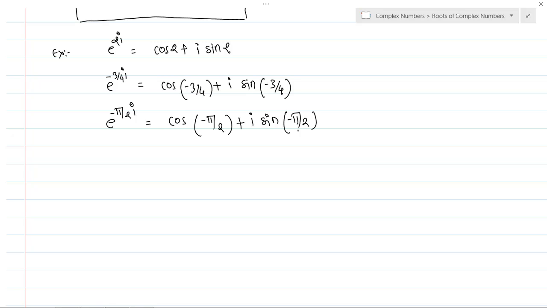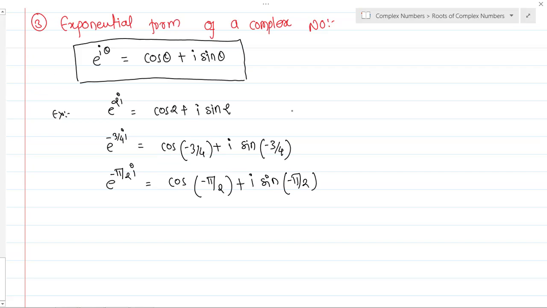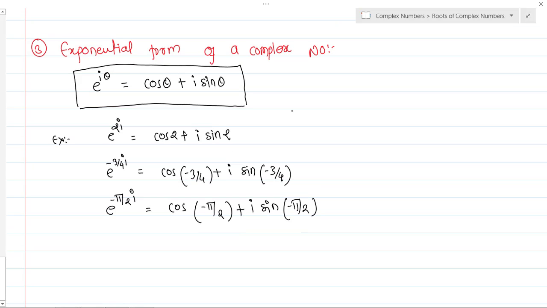सर तुम्ही जनरल फॉर्म मध्ये असं लिहिलं आय थिटा लिहिलंय, त्याच्यावरती बघा. हा, सो दिस theta is nothing but this 2. ह्या एक्झाम्पल मध्ये theta is 2. ह्या एक्झाम्पल मध्ये theta is minus 3 by 4. ह्या एक्झाम्पल मध्ये theta is nothing but minus pi by 2. सो theta कुठे आहे? एक cos सोबत आणि sin सोबत आहे.